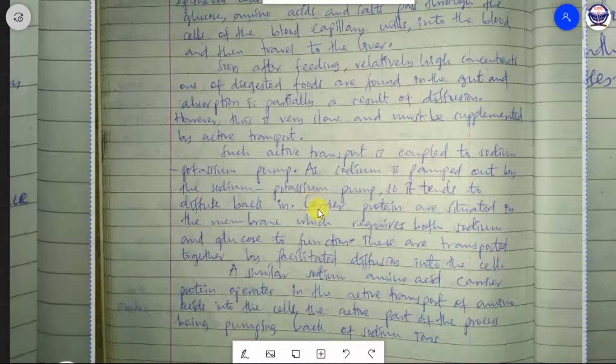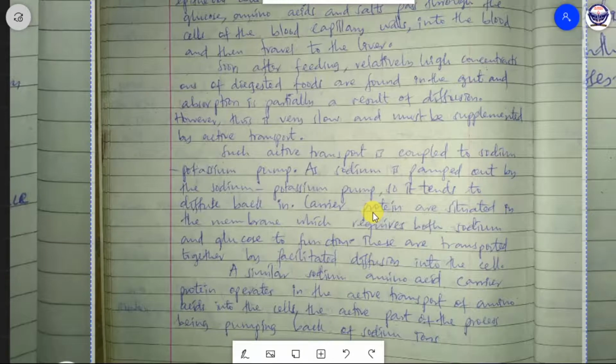Now we are saying that carrier proteins are situated in the membrane, which require both sodium and glucose to function. These are transported together by facilitated diffusion into the cell.